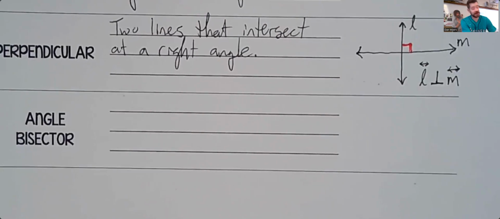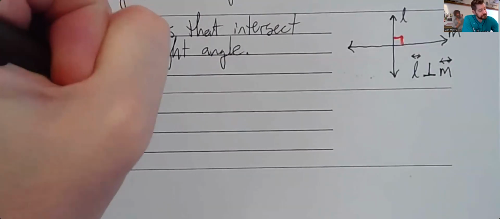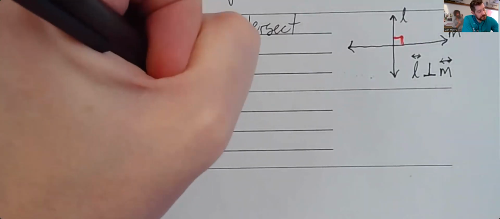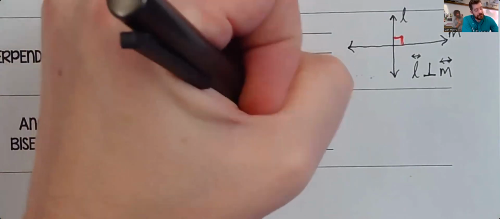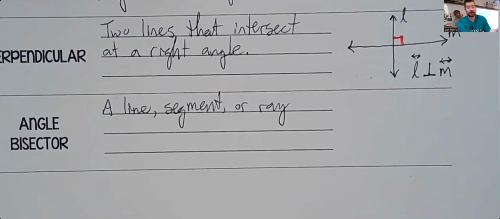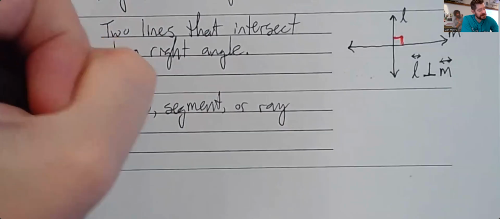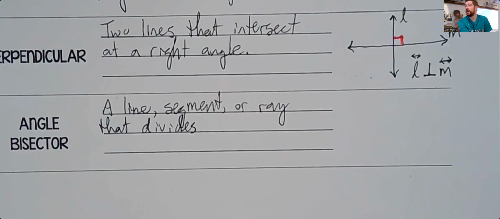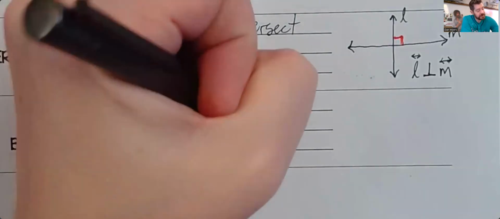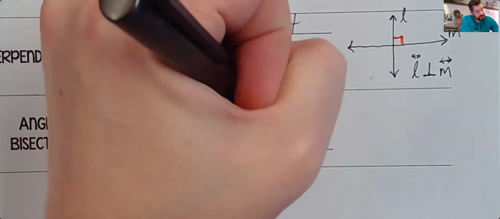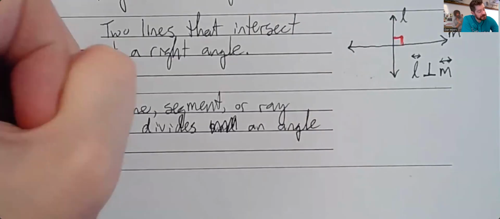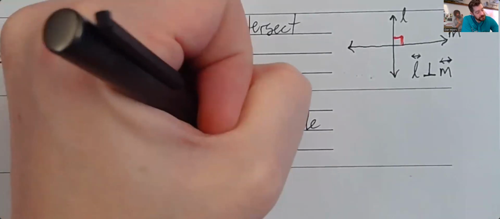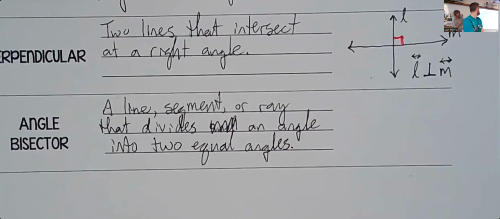So we're going to write a line, segment, or ray that divides an angle into two equal angles.